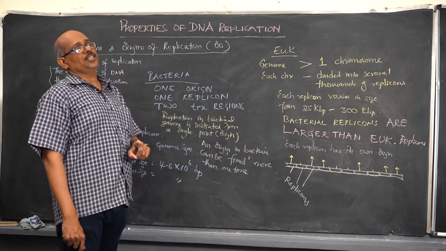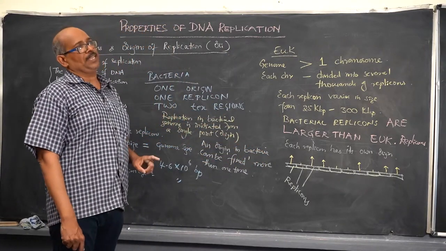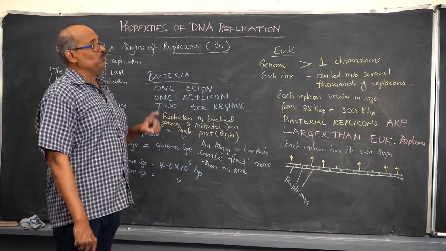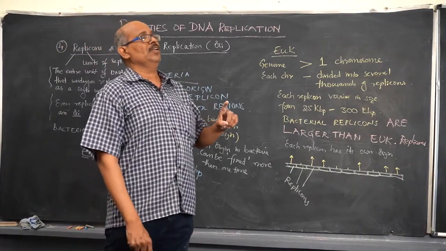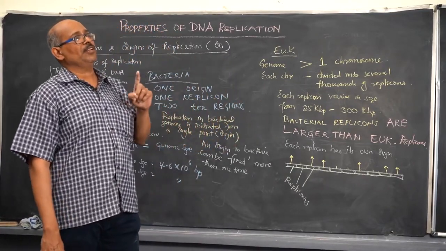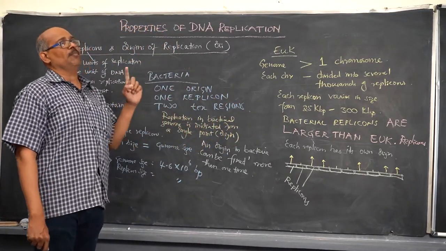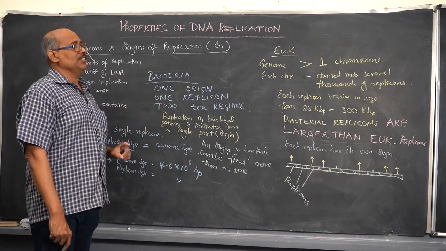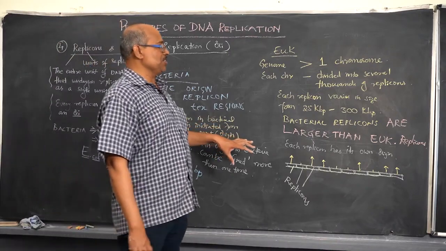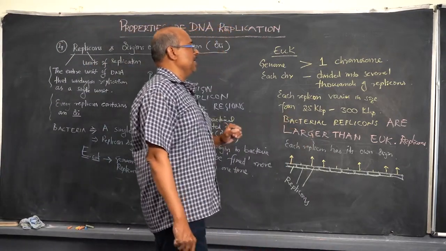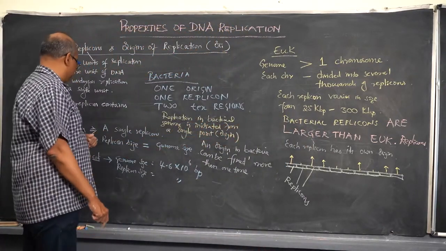Not every origin is used during a given replication. Some origins will not be fired. They will be fired only when a condition arises where firing becomes essential to complete the replication of the adjacent replicon. So these are the fundamental distinctions between the bacterial case and the eukaryotic case.